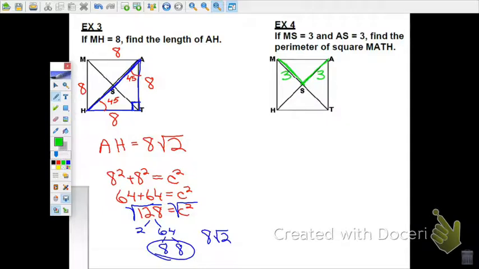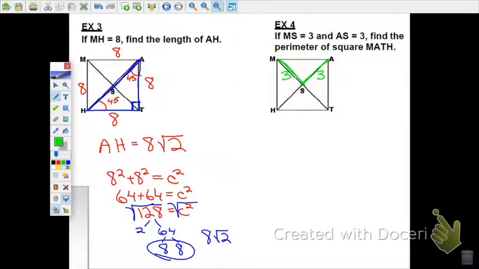Even though it doesn't look like a square, because our screen is stretching it out, we're told it's a square. So if I want to find the perimeter of a square, I have to add up all 4 sides or take a side times 4, because we know all 4 sides are congruent. So how am I going to go about finding the length of one of the sides?